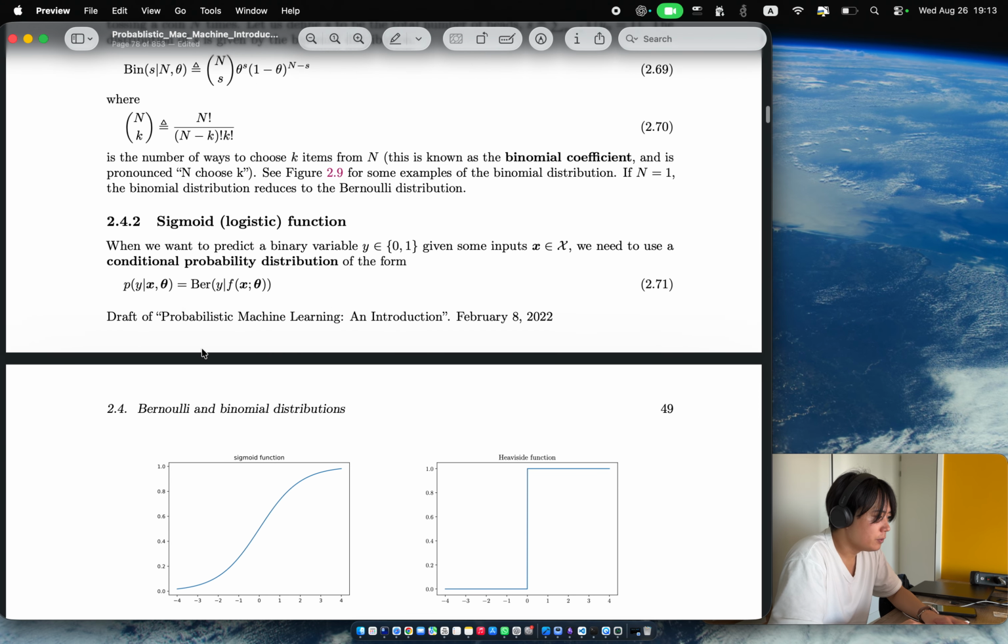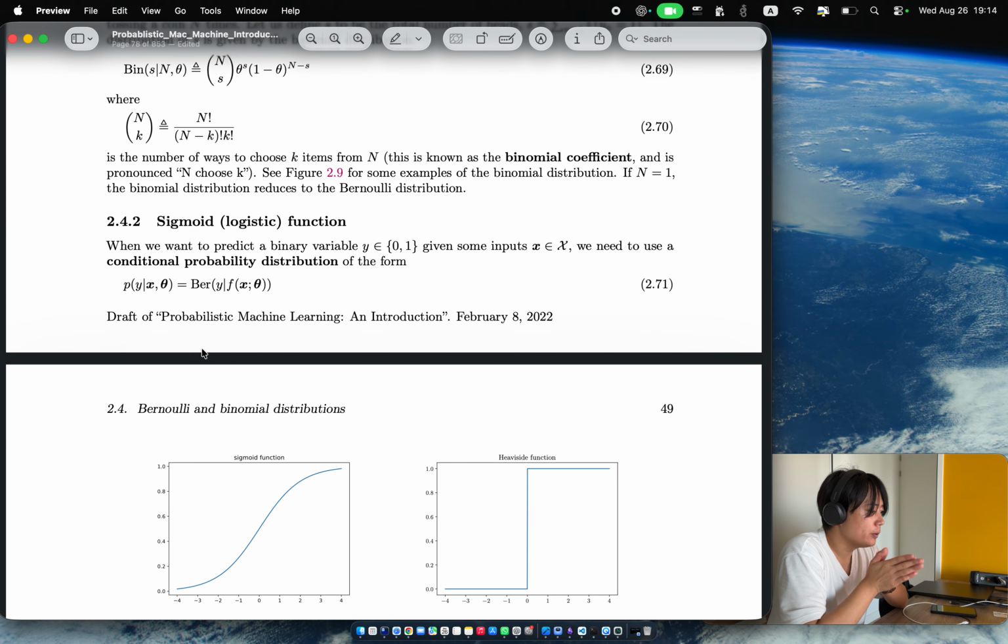Now look at the sigmoid function. The sigmoid function takes an input value and reduces it to a conditional probability distribution.